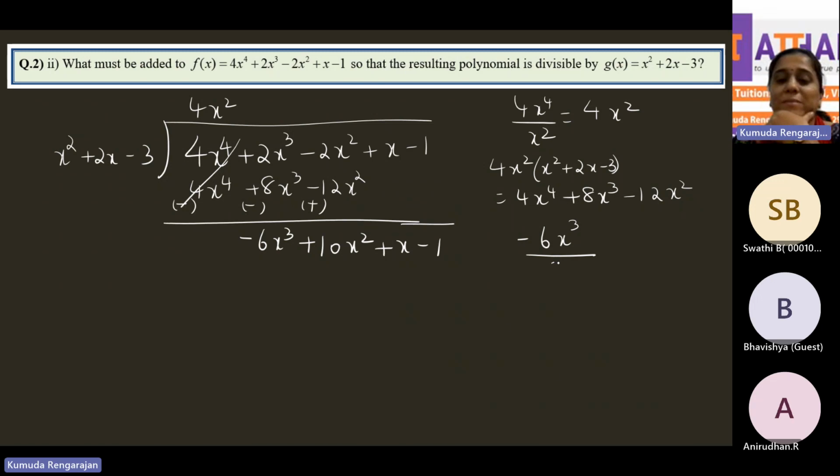Minus 6x cubed divided by x squared. What is it? Minus 6x. Minus 6x. That's the next term in the quotient.